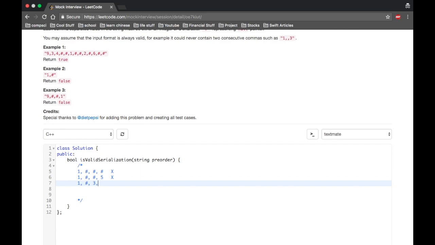what I said earlier is invalid, because if I have a number and 2 hashes, but there's like another number over here, then I could still have more over here, because this is the left child and this is the right child.